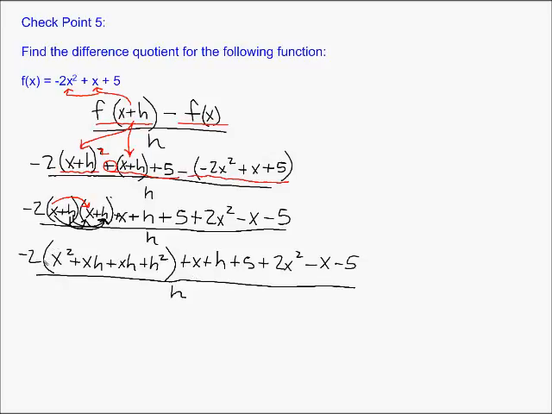So my last thing I need to do is get rid of these brackets, and to do that I need to multiply everything within the brackets by negative 2. So that's going to give me negative 2x² minus 2xh minus 2xh plus 2h².